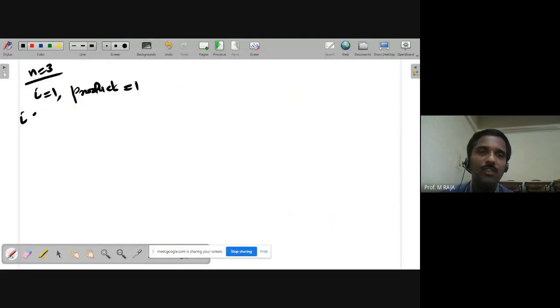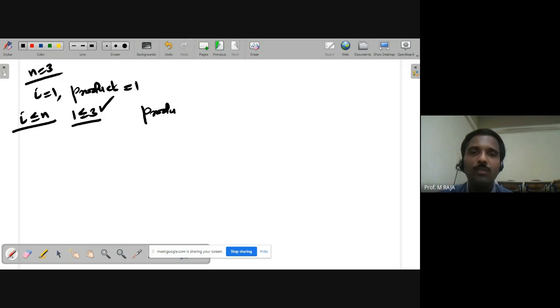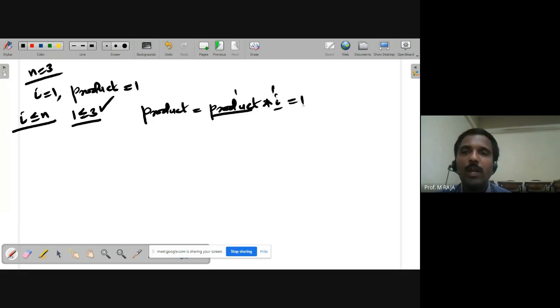Now the condition to be tested is I less than or equal to n. That means 1 less than or equal to 3. Condition is true. In this case, product is equal to product into I. That means current product is 1, I is 1, 1 into 1, 1. 1 is updated into the variable product.